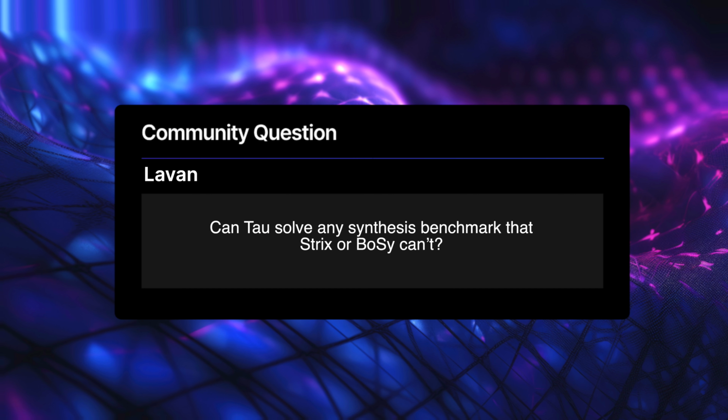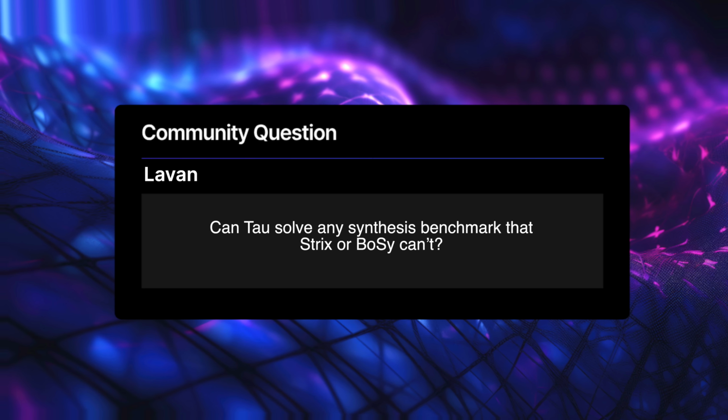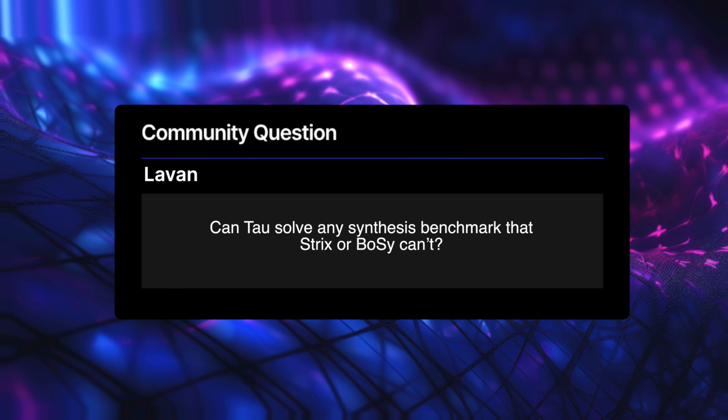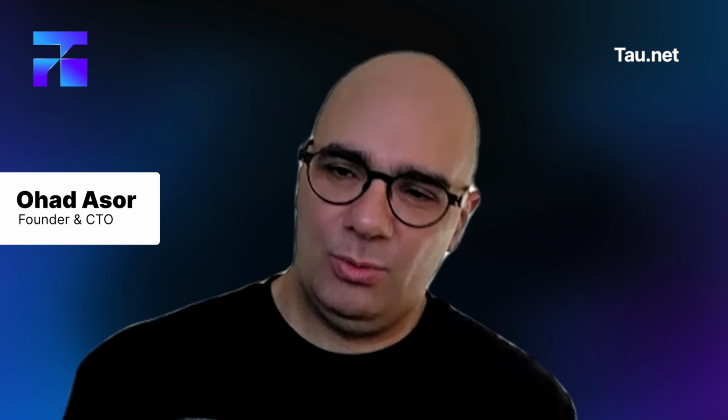All right. And the next question is from Lavan, and they ask, can Tau solve any synthesis benchmark that Strix or BOCIE can't? So Tau is not very comparable to these tools for several reasons, one of which is Tau is mainly using infinite domains, while these tools that are based on traditional LTL use finite domains.